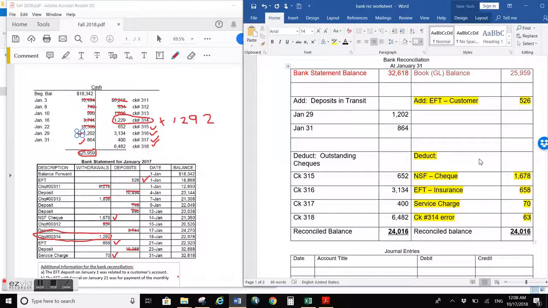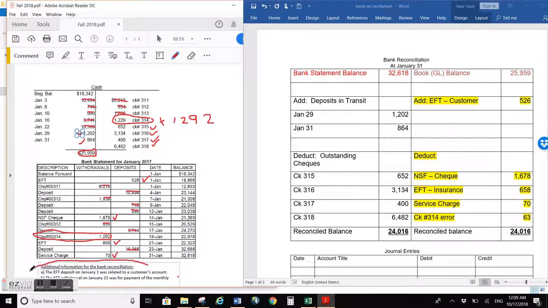So we just need to update our company's books by actually doing a journal entry, which will eventually update our cash count. So things will be great. All right, so let's do it. This is when we really need to pay attention to this additional information down here, as it will tell us why we had those transactions in the first place.